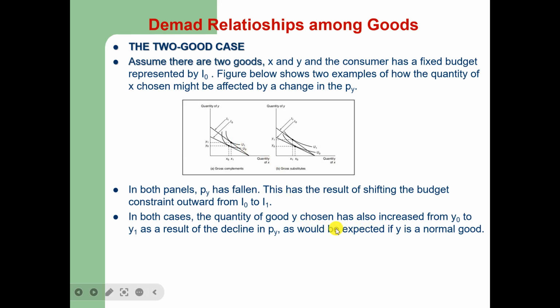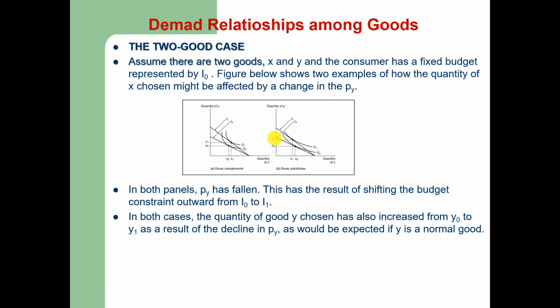Since Y is a normal good, in both panels, due to the decrease in the price of Y, the quantity of Y has increased. So this means that Y is a normal good.